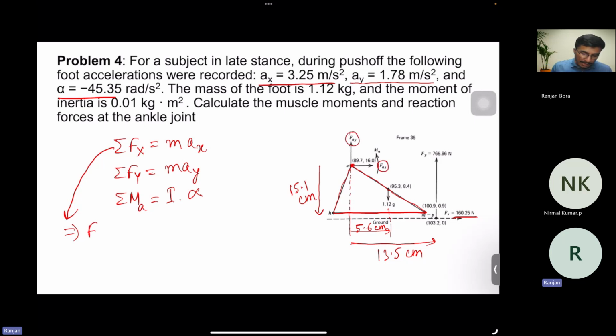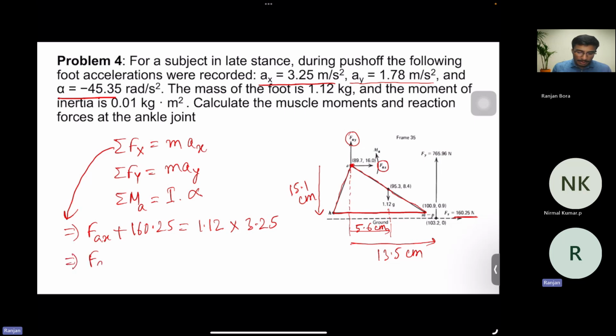So in the x direction at the ankle joint there is FAX plus 160.25 equal to, now mass is given 1.12 and acceleration is 3.25.